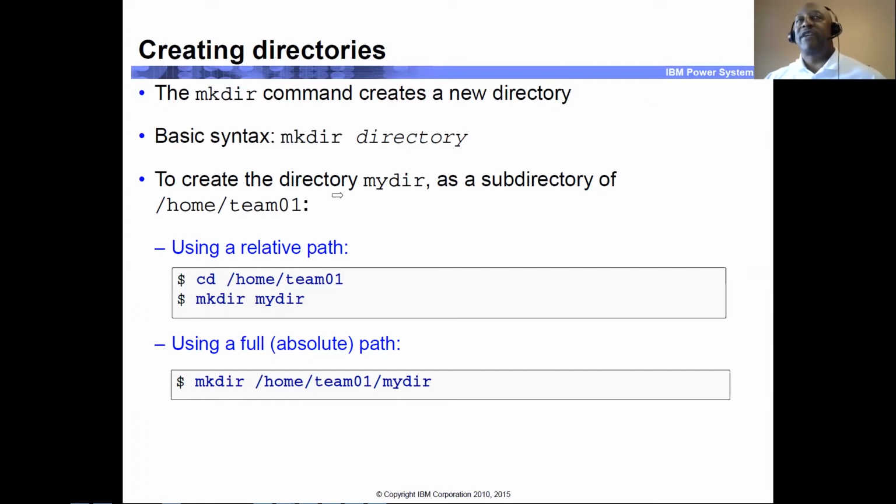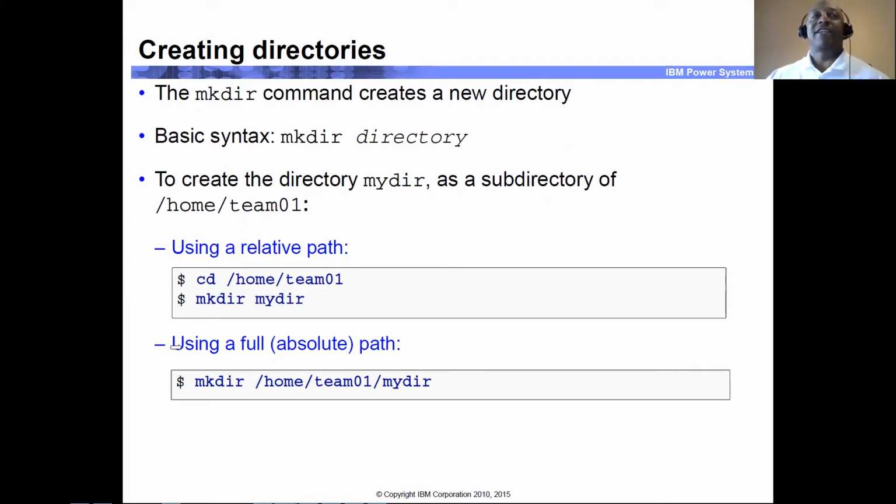The customer wants to create a directory, mydir, as a subdirectory of /home/team01. You can use either the relative path method or the full absolute path. Relative path says, okay, I change directory to /home/team01 and then create the directory mydir as a subdirectory under the current directory location.